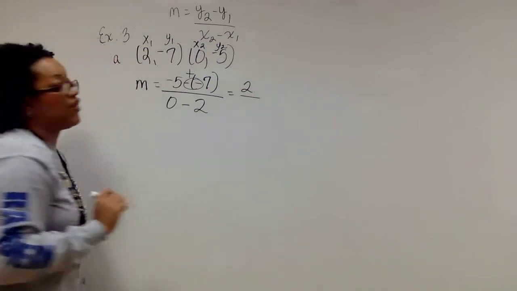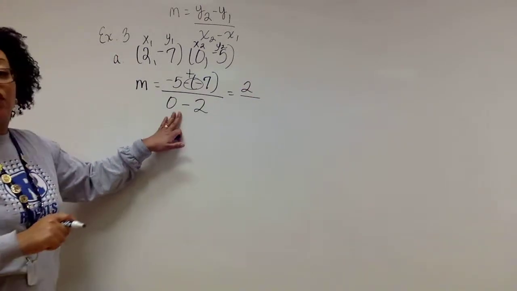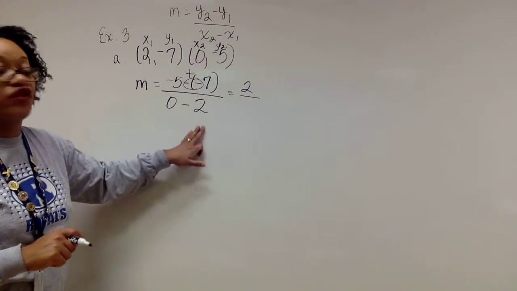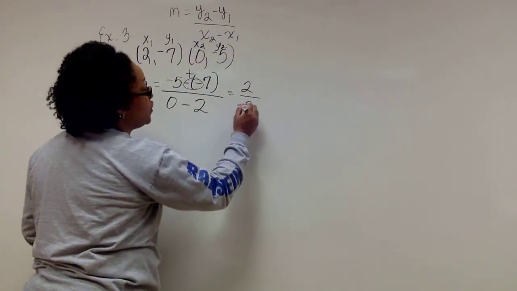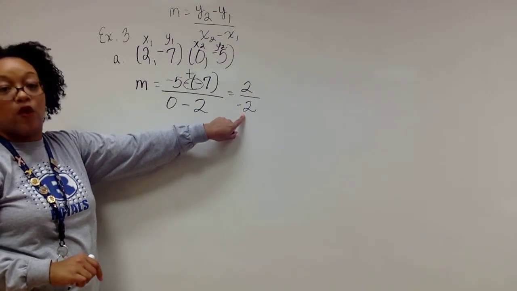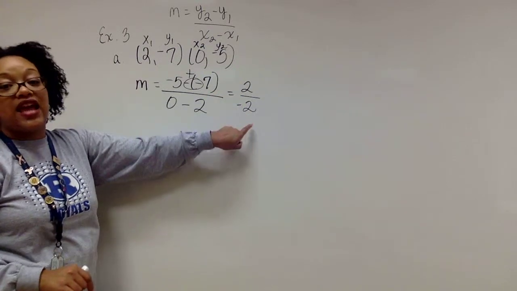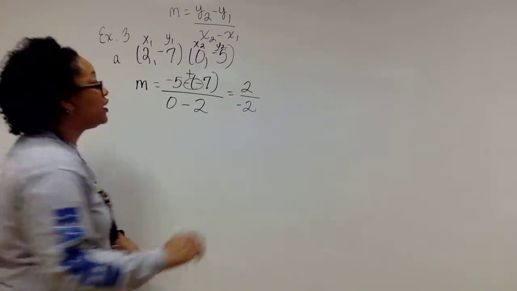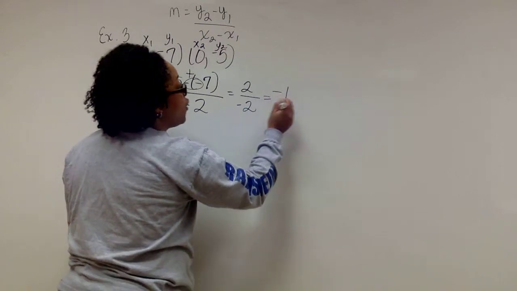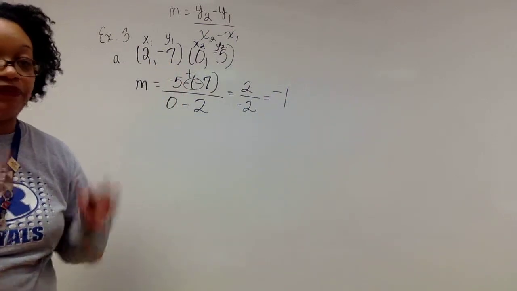If you don't know that, I'm sure your calculator does. Your denominator is 0 minus 2. That is -2. But you do not leave your slope in this form. You simplify it. This is simply a negative number. That number is actually 1. Your slope is -1. So we've got our m taken care of.